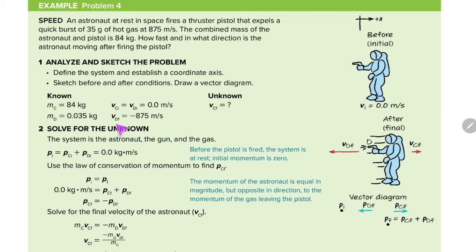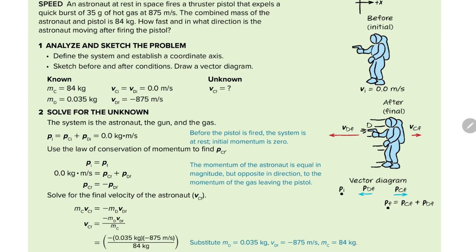So vD final is equal to minus 875 meter per second. And here we have how fast and in what direction is the astronaut moving after firing the pistol. So we need to calculate the final velocity for the astronaut.